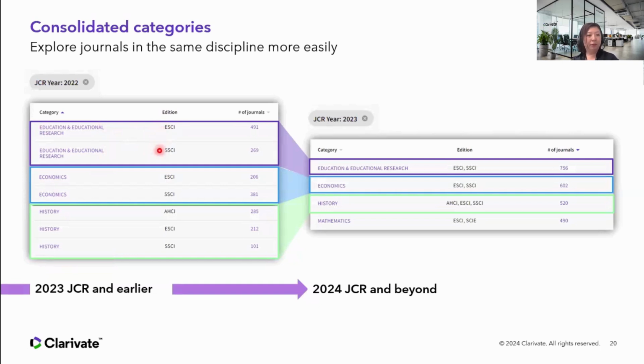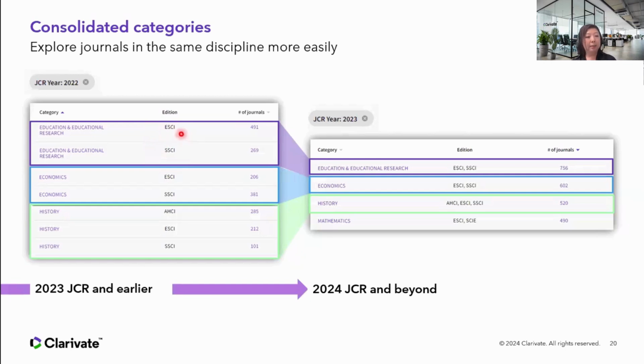The main differentiating point between ESCI and SSCI is that ESCI journals meet our 24 quality criteria, but not our 4 impact criteria. It's only when they meet our additional 4 impact criteria will they be included in the specialized index, for example SSCI, SCIE, or AHCI.